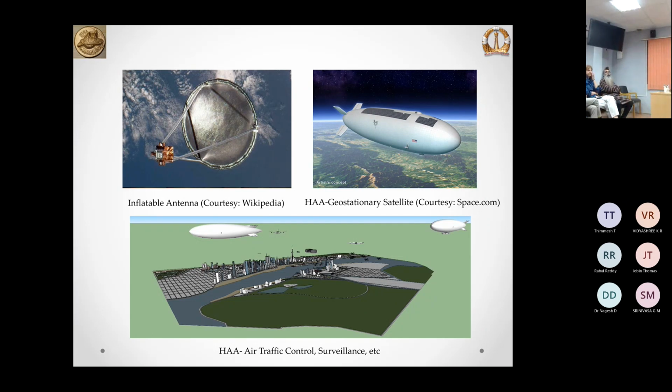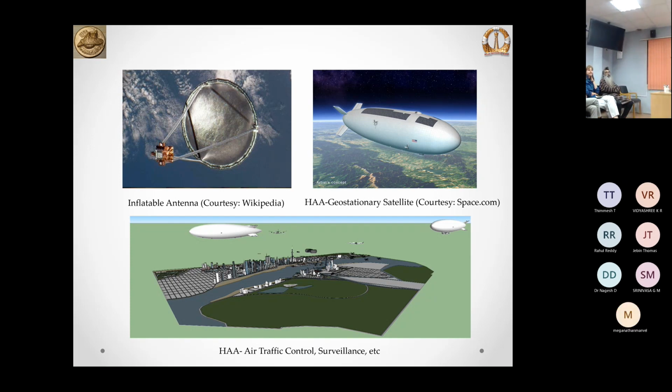If we can maintain a balloon at an altitude of around 20 to 25 kilometers, then it will work exactly as a geostationary satellite. While designing this also, wrinkles are important for designing the skin. So it has various applications.